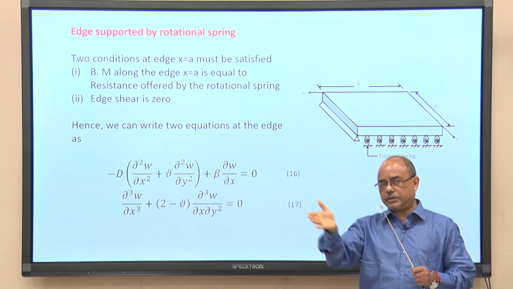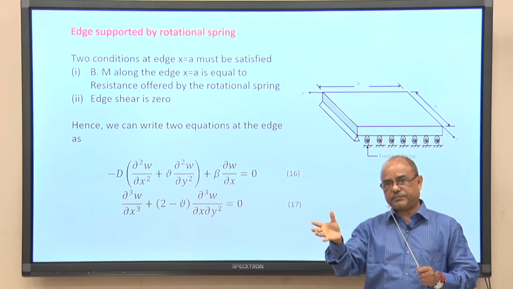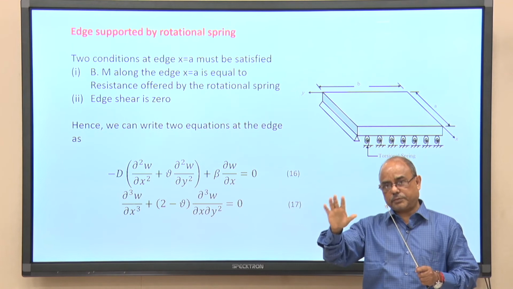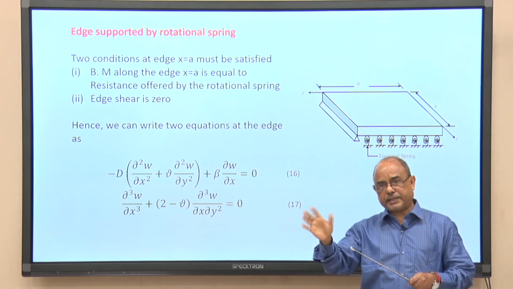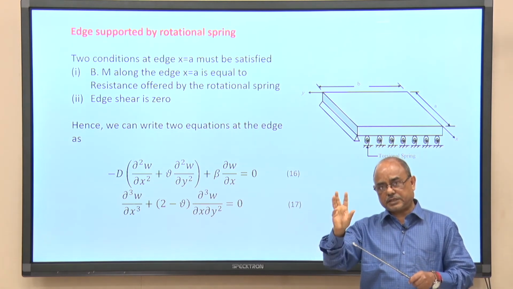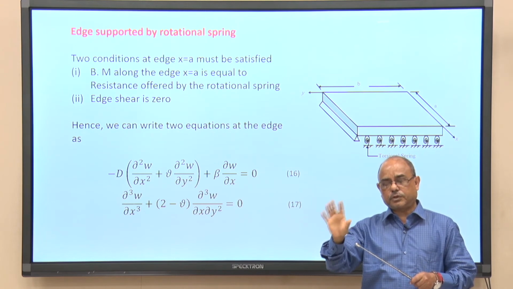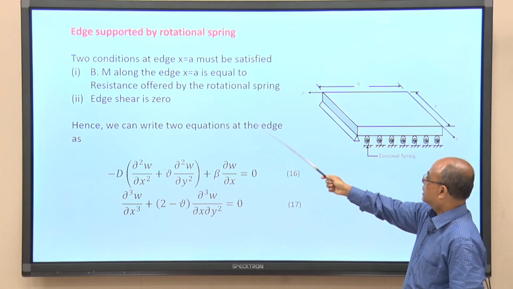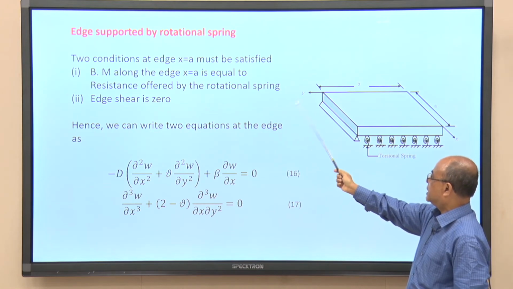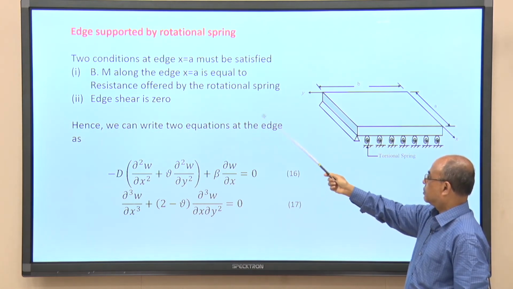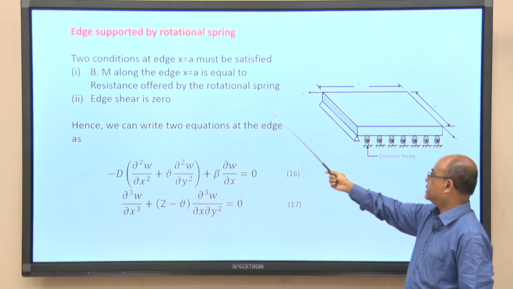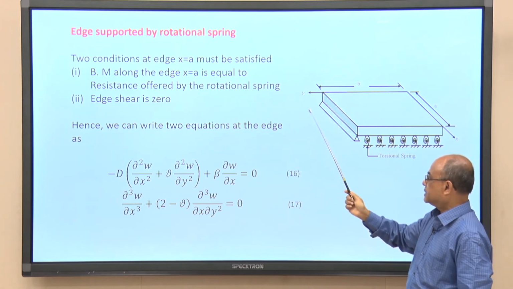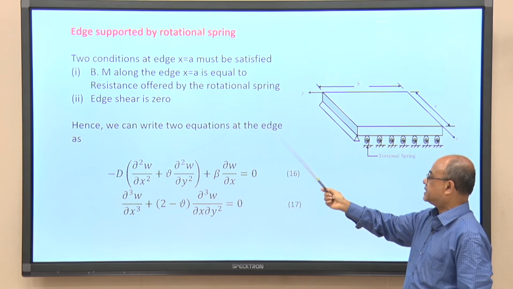That means the bending moment transferred from the plate should be balanced by the resisting moment offered by the rotational spring. So, the bending moment along the edge x is equal to a equals the resisting torque offered by the rotational spring, and the second condition is S shear is 0.